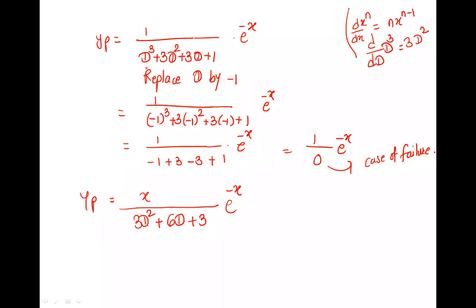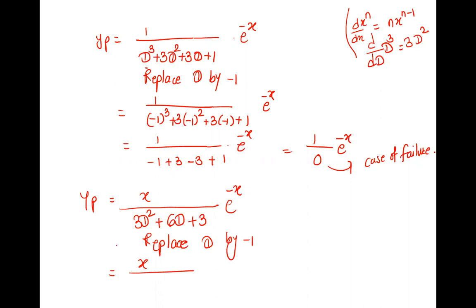Now we are again getting it in D, and then again what we do is replace D by -1. Do that once again. Replace that D by the power of e, that is -1, and see what will happen.